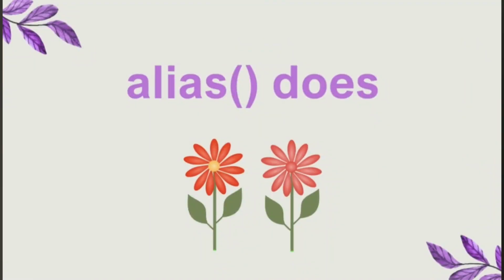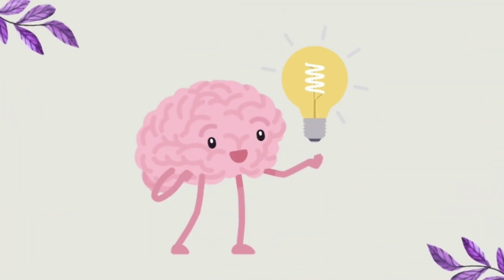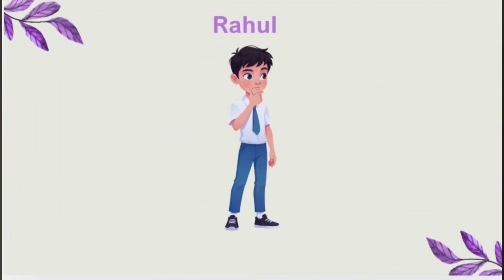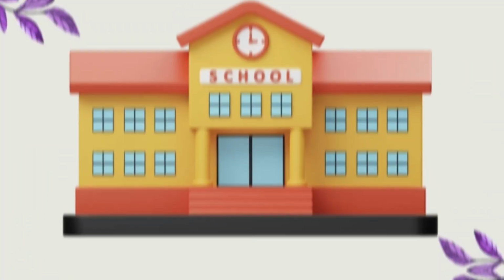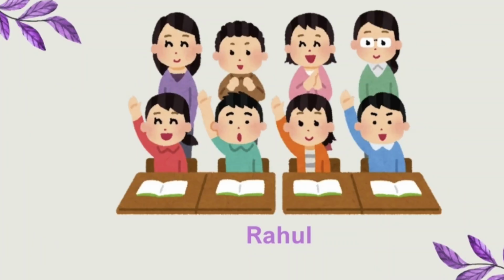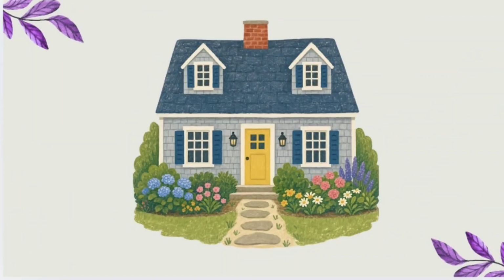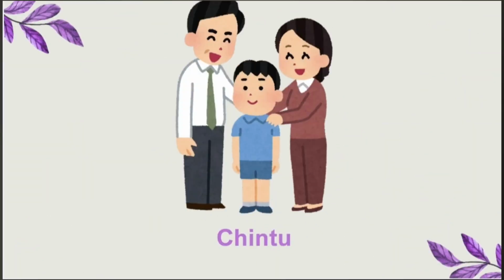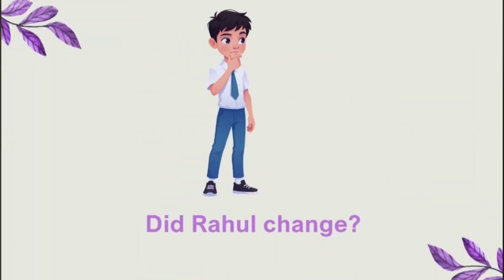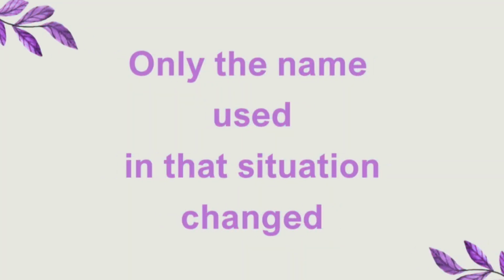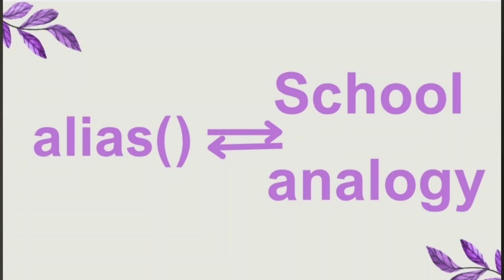That's exactly what alias does. I'll give you just a simple analogy. Imagine your friend Rahul at school. Everyone calls him Rahul, but at home his parents call him Chintu. Did Rahul change? No, right? Only the name used in that situation changed.